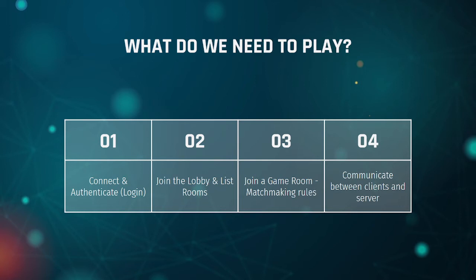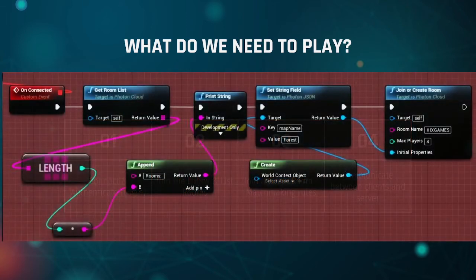There is the matchmaking after you see the rooms. When you join a room, there are a lot of events coming to all the players that are in that room. Then you have to communicate with the clients that live in the room or that are playing the same game. So there are different ways to communicate, different paths.